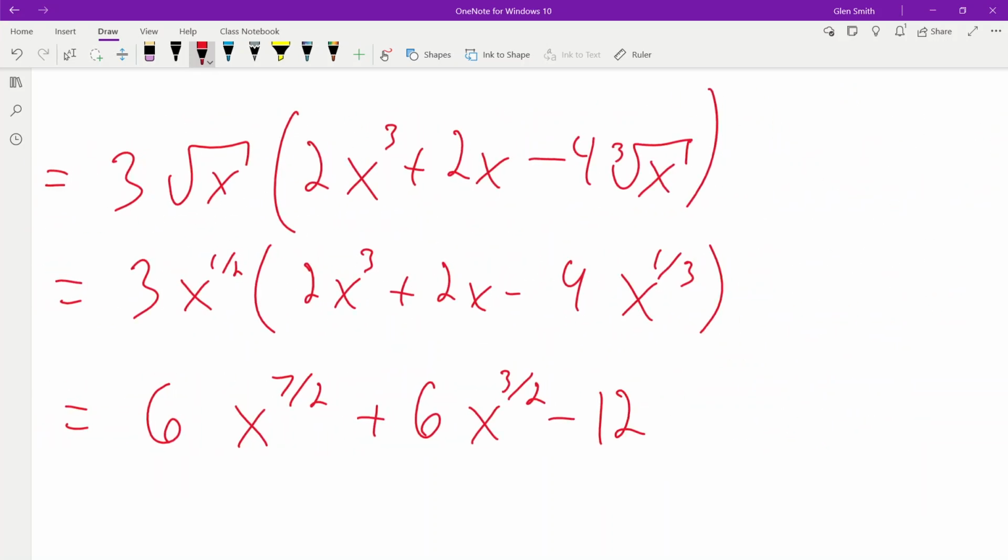Minus 12. Think about this. We have to get a common denominator here because I'm multiplying x to the 1/2 times x to the 1/3. This is just me making sure you know how to handle fractions, gang, really. 1/3 is 2/6. 1/2 is 3/6. This is x to the 5/6. You add them together, okay?